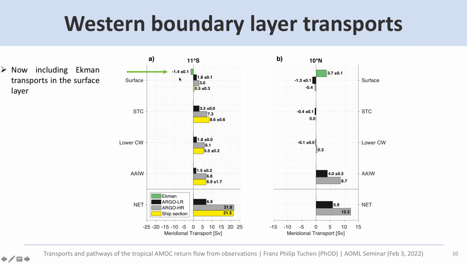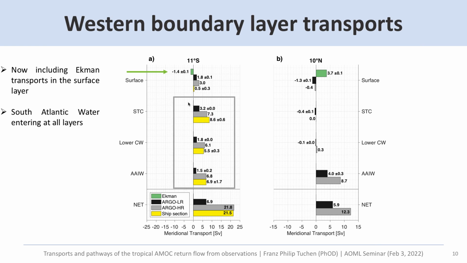And we added an Ekman transport in the surface layer, which we only applied to the Argo data, because the ship-based measurements are assumed to include this Ekman component already. And for the upper part of the ship sections, which is not well covered by ADCP data, we included the mean velocities from surface drifter measurements. So these should also include the Ekman transport component there.